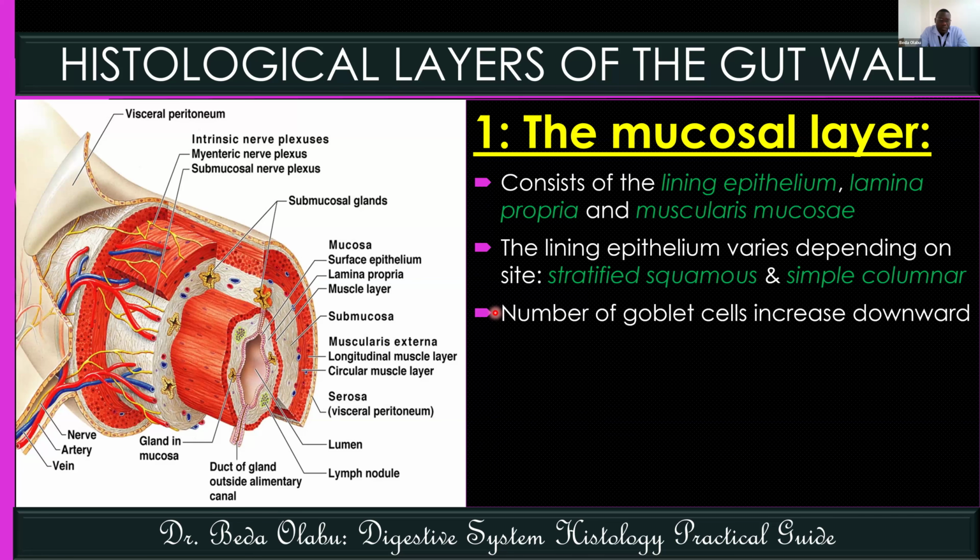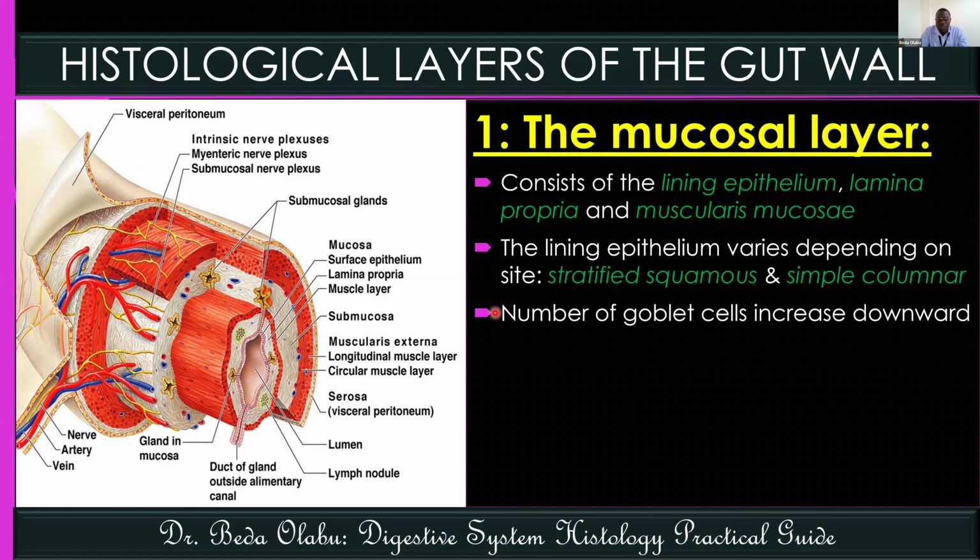So what am I saying? You are unlikely to find goblet cells in the esophagus. You will find them in the stomach, but the number of goblet cells increases downward. And so this is an important thing to take into consideration.